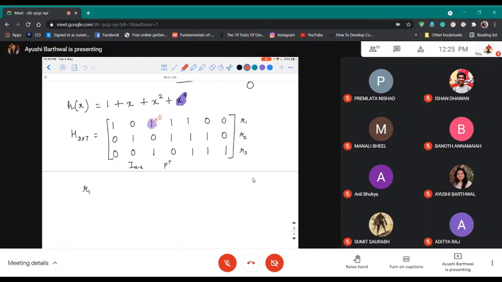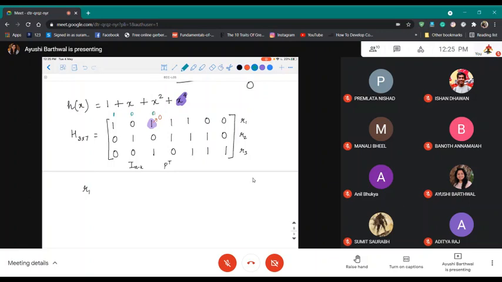If you add first row and second row, it will make all these elements 1, which we do not desire. So addition of first and second row will not help. If you add first and third row, you'll see that the first element remains the same, the second element becomes 0, and the third element, since you're adding 1 and 1, will again become 0.